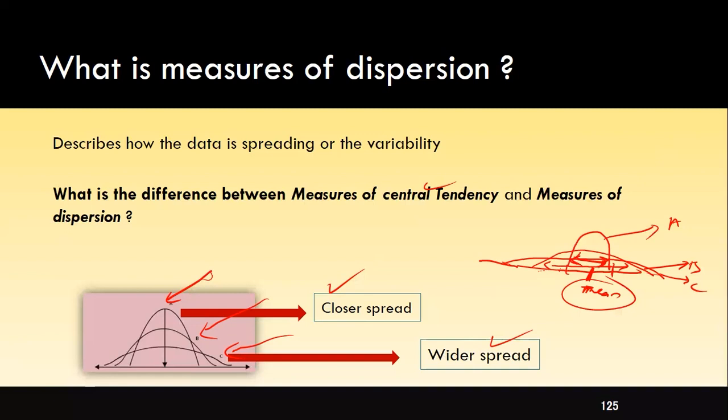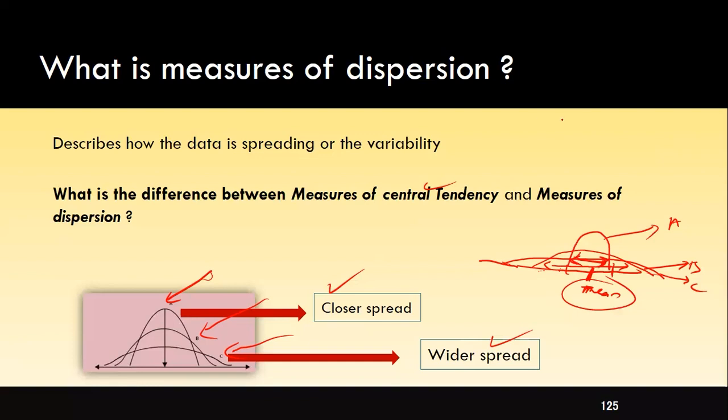But central tendency does not tell us anything about the spread of the data. We need some measures which show whether the distribution is small or large. That is where the measures of dispersion play an important role.